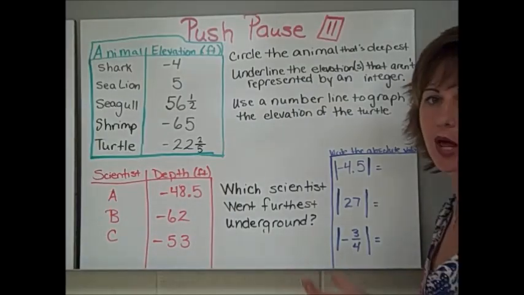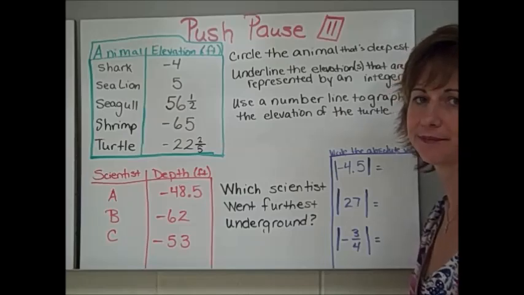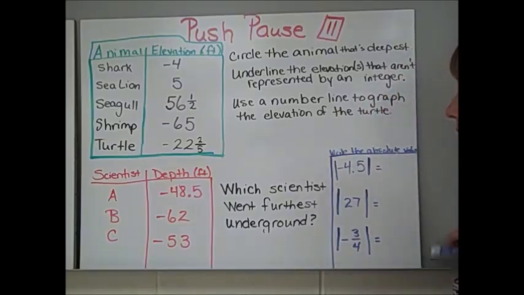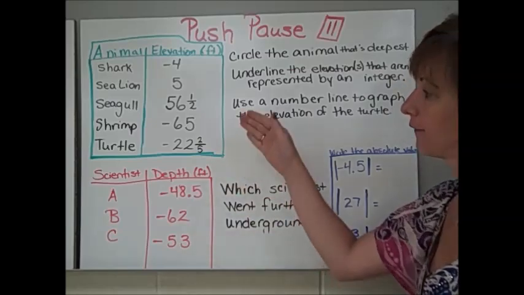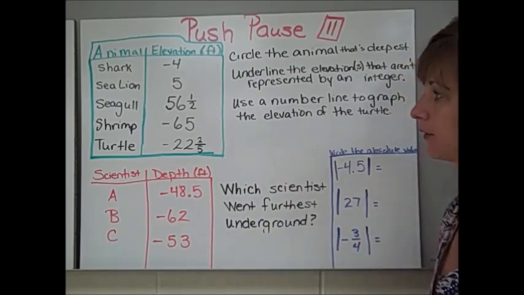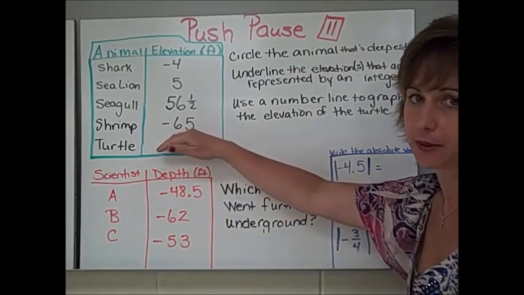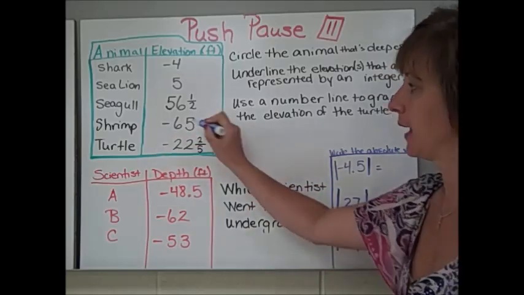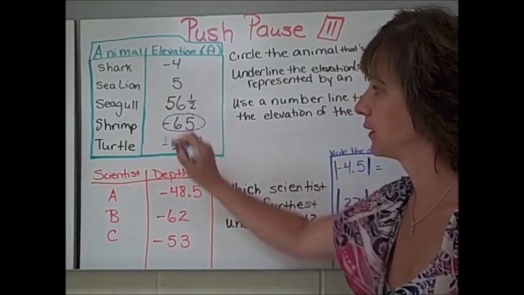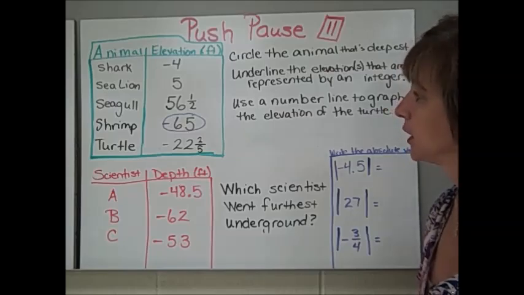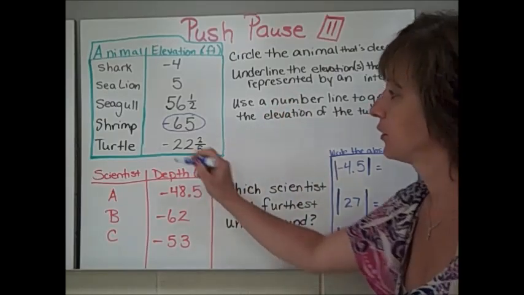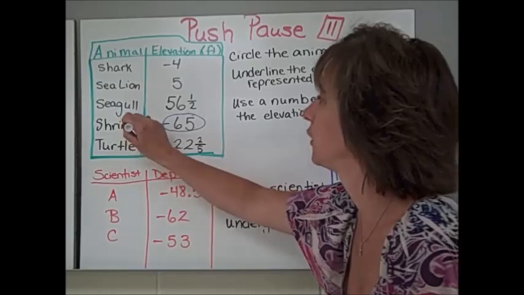This is where you'll push pause and solve these problems. Circle the animal that's the deepest, the animal that is the furthest down into the ocean, the furthest below sea level. Below sea level is represented by negative numbers, and 65 has the largest absolute value, which means it's the furthest from 0. So we're going to circle the shark, the shrimp.